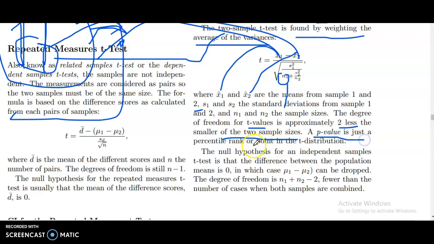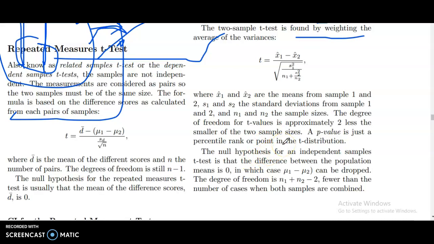A p-value is just a percentile rank or point in the t distribution.